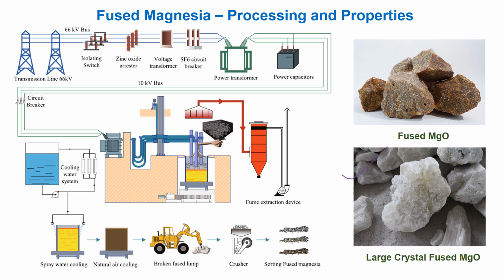The next slide shows the typical chemical composition of DBM and AFM. Here we can see the entire flow sheet, how we can get the fused magnesia and sorted material which has different crystal size, color, and content of MgO.